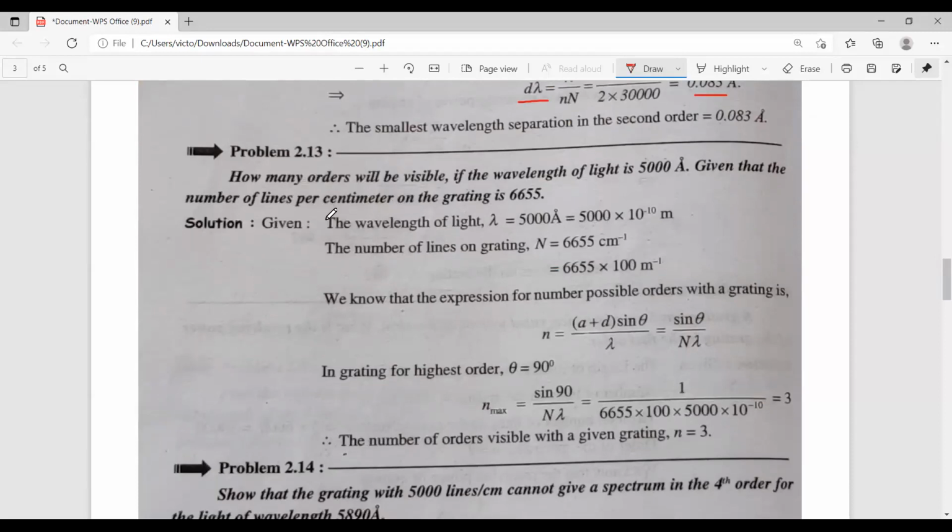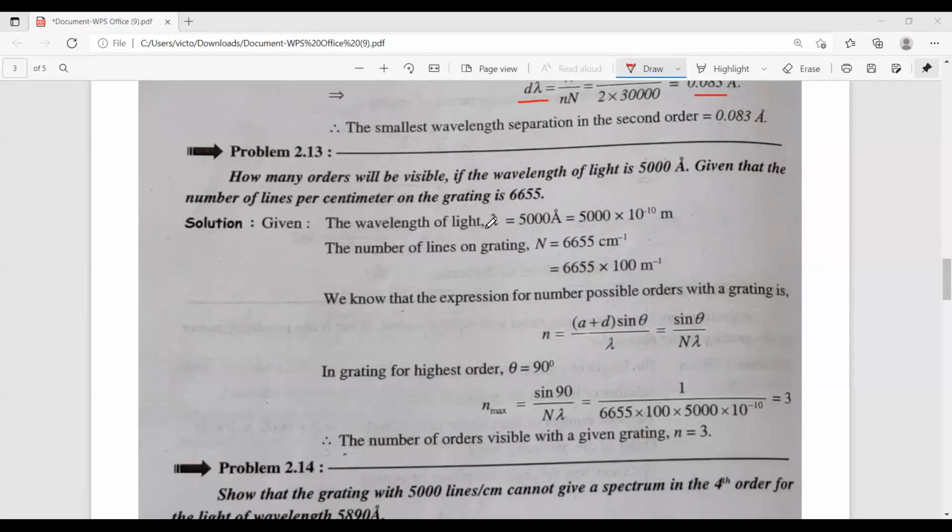How many orders are possible in the visible region, if the light wavelength is 5,000 angstroms and the number of lines per centimeter on the grating is 6,655? First of all, write down the given values here.